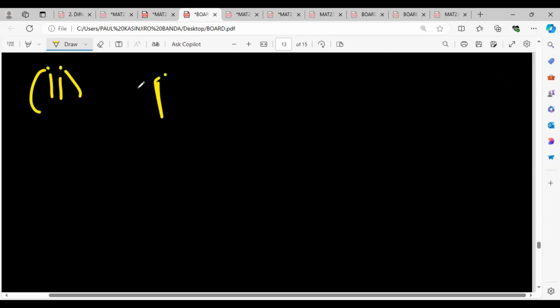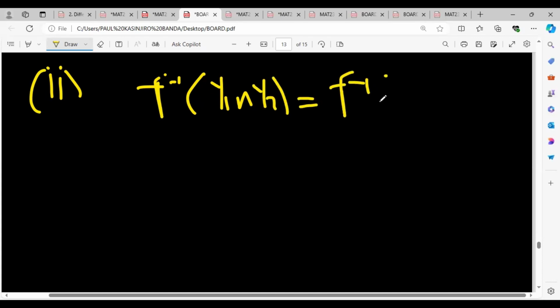We are proving that the inverse of f of Y1 intersection Y2 is actually equal to the inverse of Y1 intersection the inverse of Y2. These proofs are actually very similar.